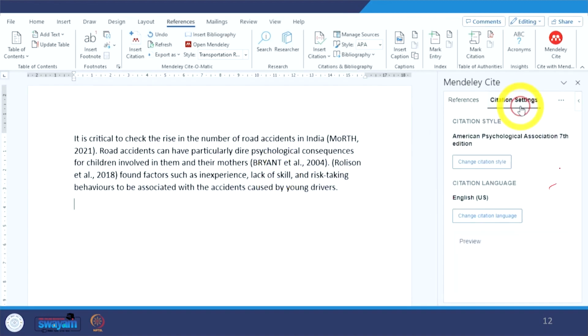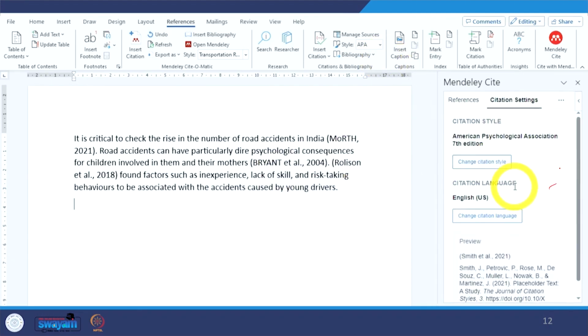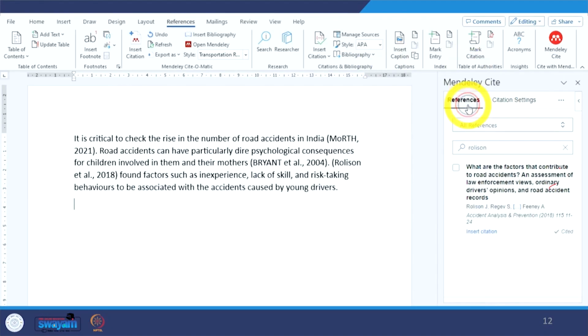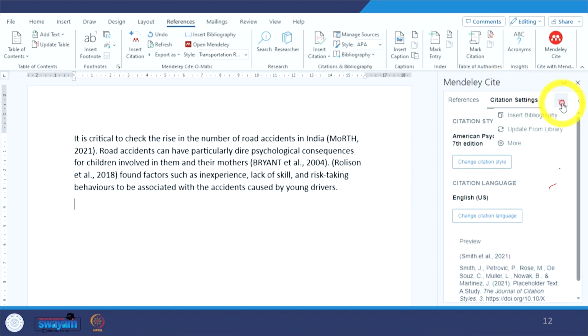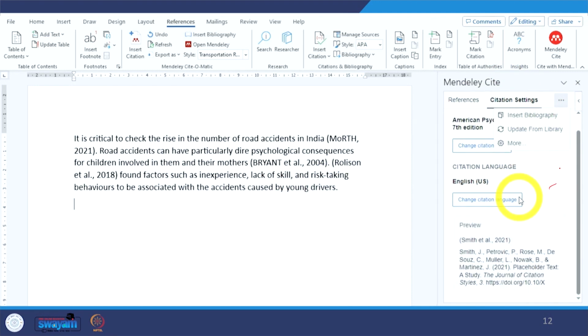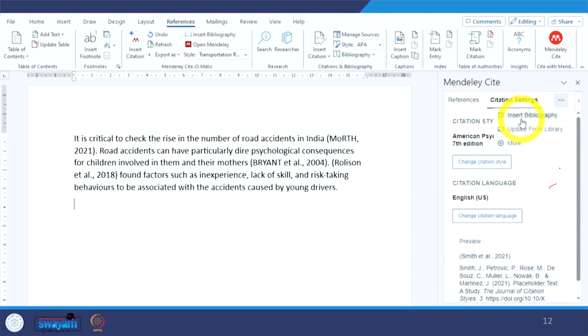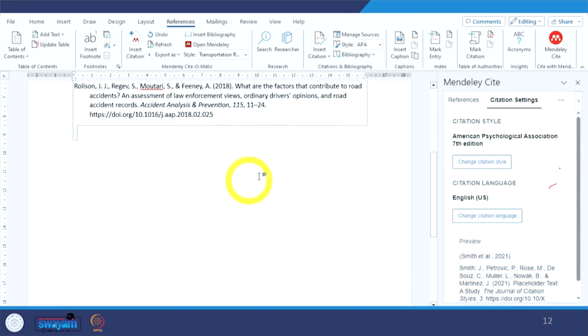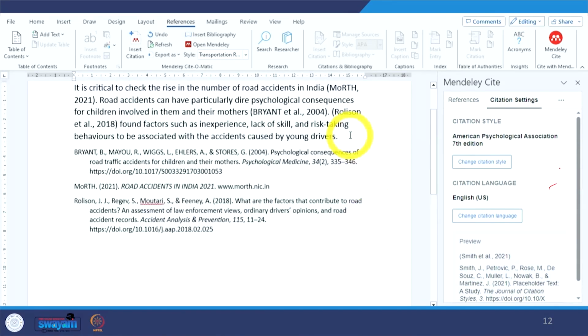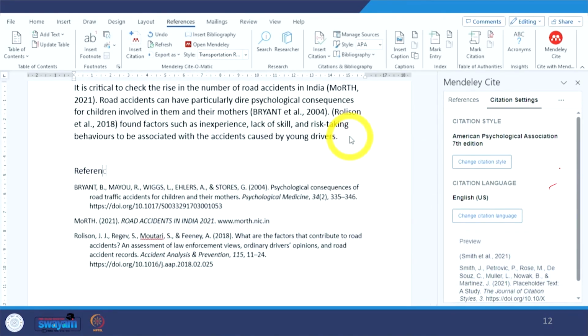Next, we have to make certain corrections in this. For example, in the second one, Bryant et al, that author's name is in all caps, so it is not the right one. So, the next option is you go to citation settings and then insert references, and the style selected here is American Psychological Association 7th edition.